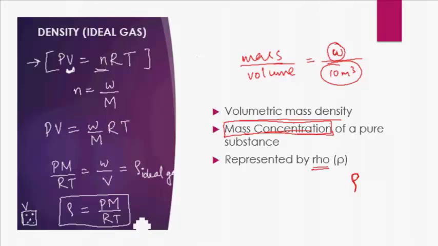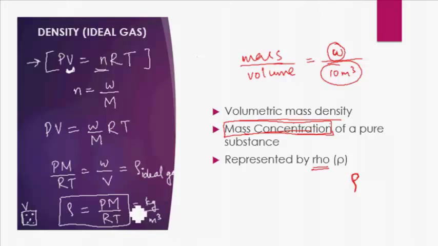Now one thing to note is the unit of density. If you are using SI units, then the SI unit of density will be mass in kilogram and volume in meter cube, so kilogram per meter cube, which means the pressure you use here should be in Pascal. R should be 8.314 joule per Kelvin per mole, temperature always in Kelvin, and molar mass is usually represented in gram per mole.